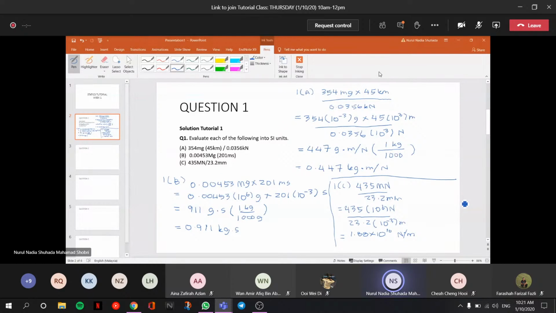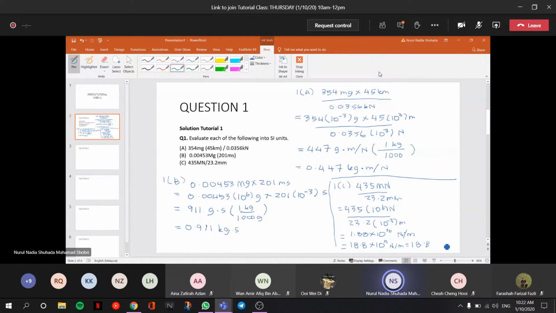So that would be 18.8, which is equal to giganewton per meter. Okay, so the answer for 1C would be 18.8 giganewton per meter.